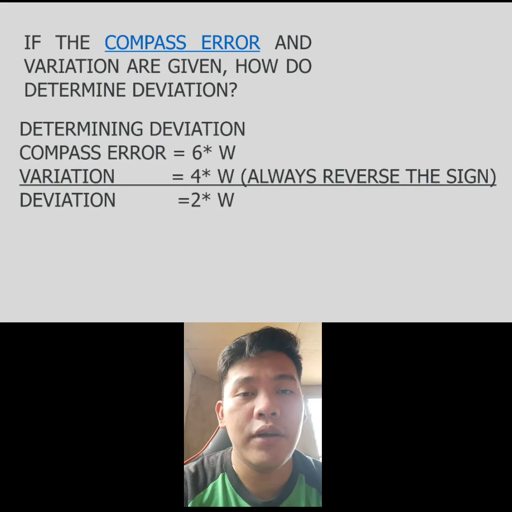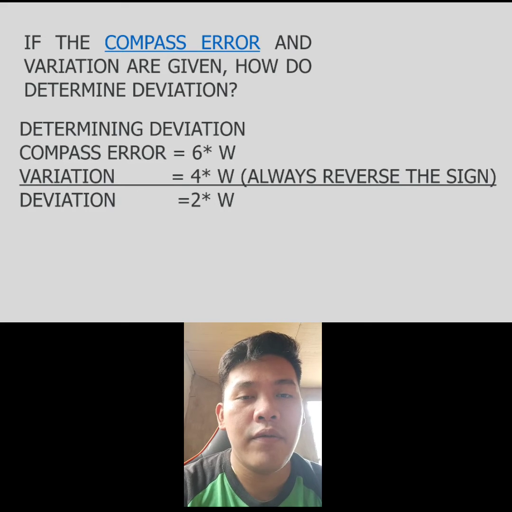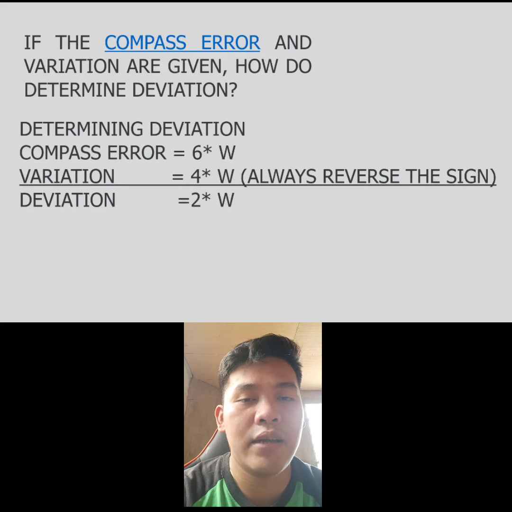So number 2, if the compass error and variation are given, how do you determine deviation? So determining deviation. The compass error is 6 degrees west, and the variation is 4 degrees west. For the variation, we need to always reverse the sign.